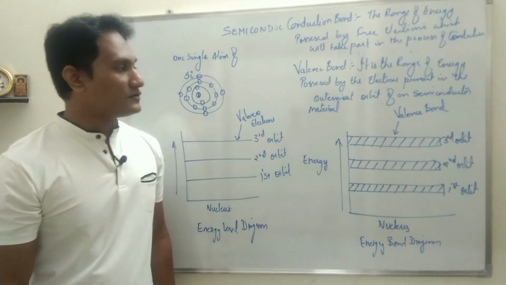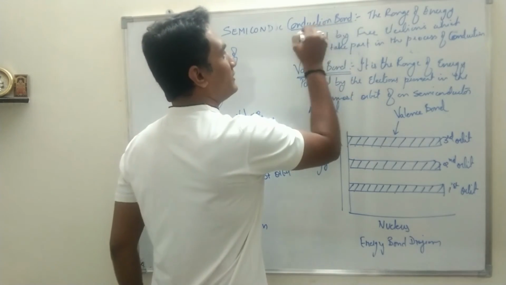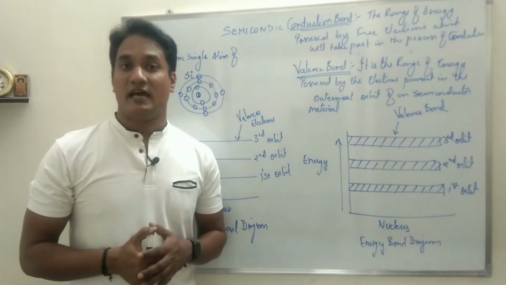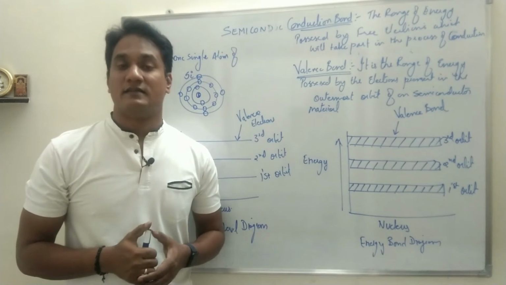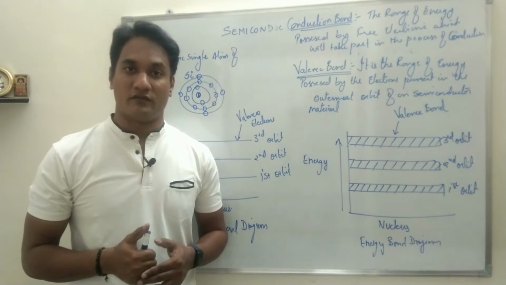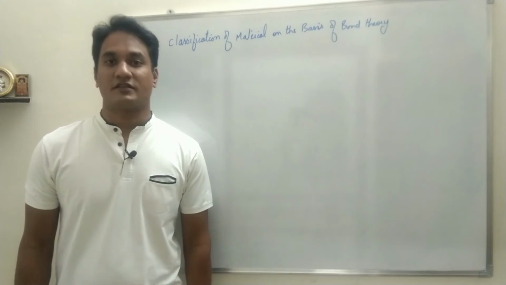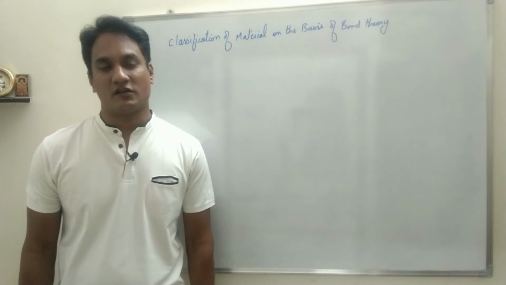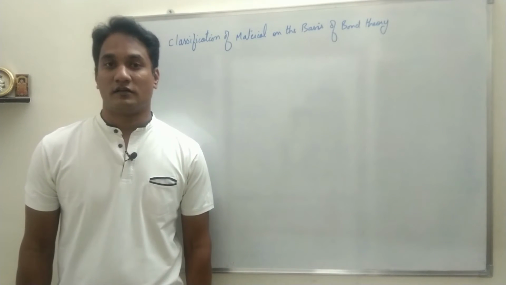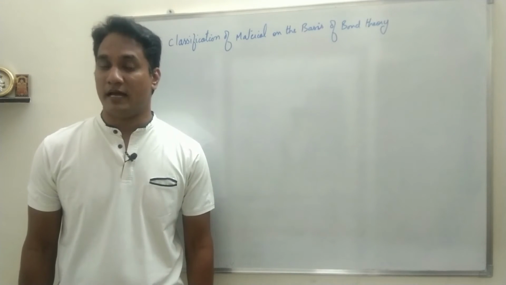Okay, so these two terminologies are very, very important, because on the basis of this we will classify the material as conductor, semiconductor and insulator. I hope you have understood. Now the next topic is very important: classification of material on the basis of band theory. We have already understood the concept of energy level diagram and energy band diagram.